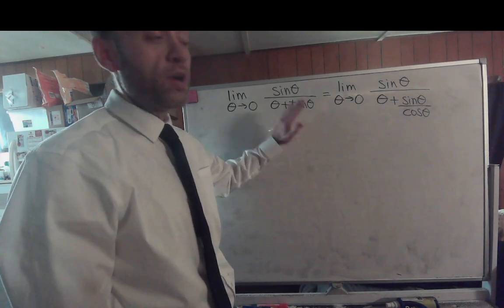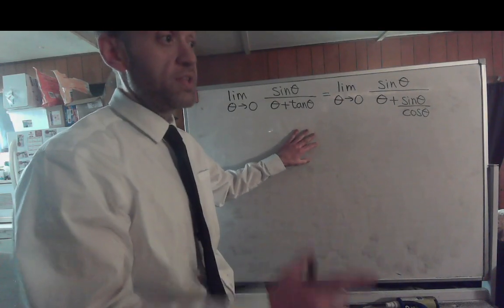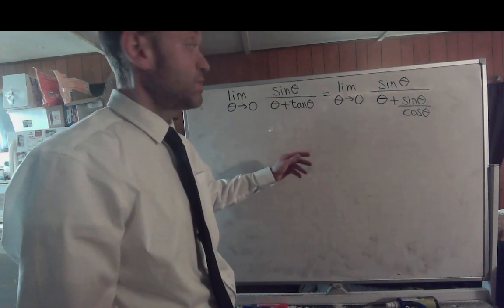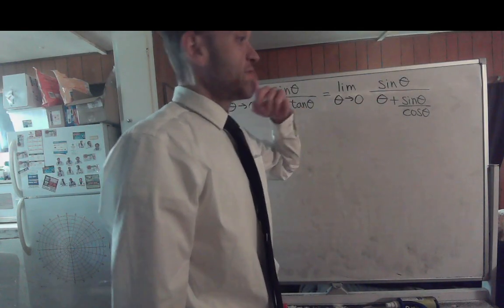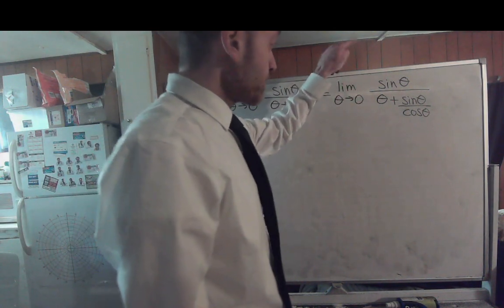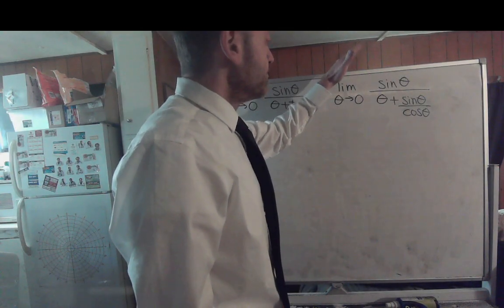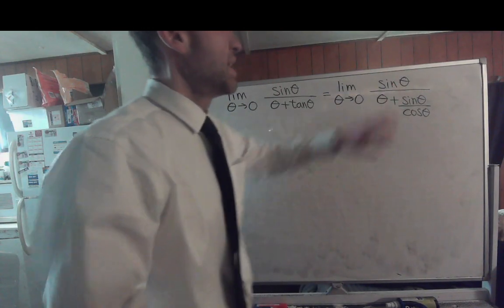And this was before I learned L'Hopital's rule, which really shortened the load, which you're going to learn in this course, and you're going to wonder why we didn't do that before. But you have to know derivatives in order to do it. That's the thing.